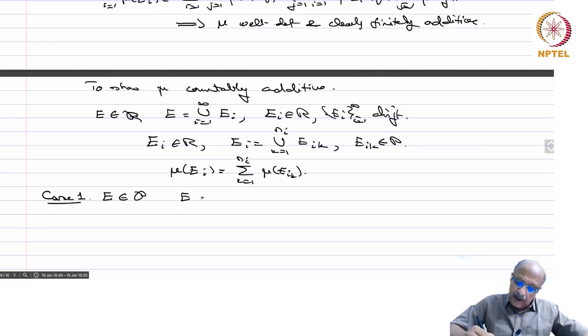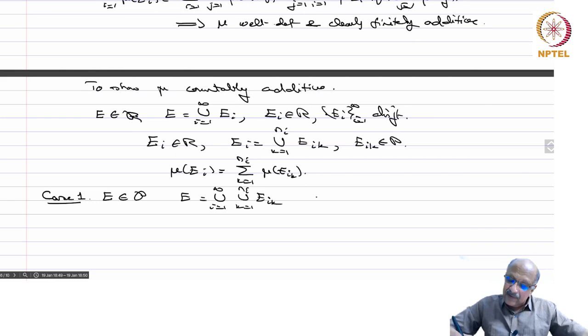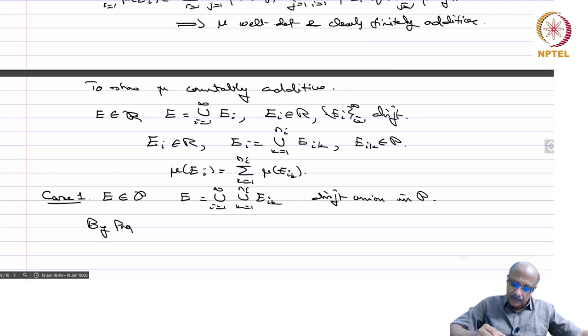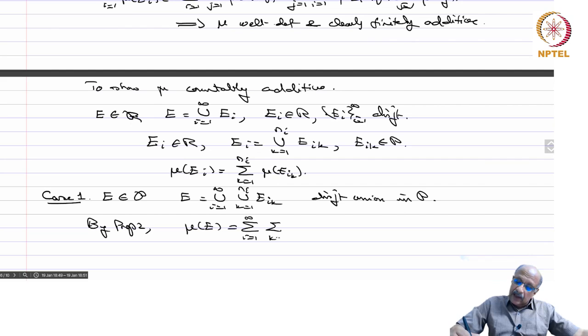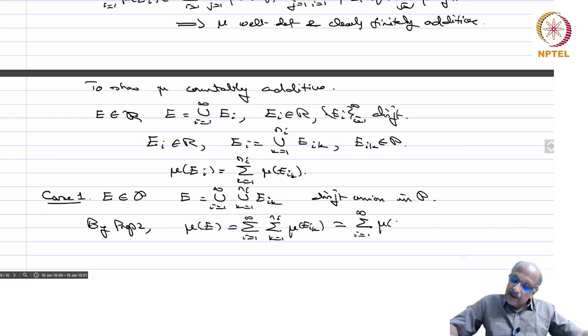Then of course E equals the union over i equals 1 to infinity, union over k equals 1 to Ni, of Eik, and this is a disjoint union in P, and therefore by proposition 2 we have that mu of E equals the sum over i equals 1 to infinity, sum over k equals 1 to Ni, of mu of Eik, because you have countable additivity in P, and that's equal to the sum over i equals 1 to infinity of mu of Ei, and we are through.